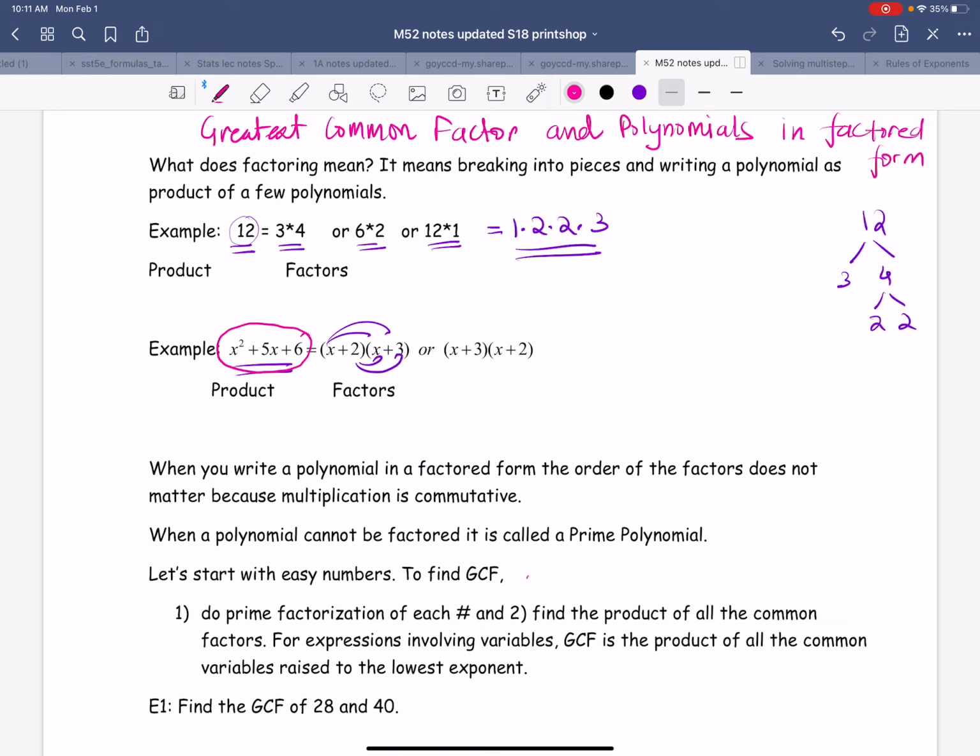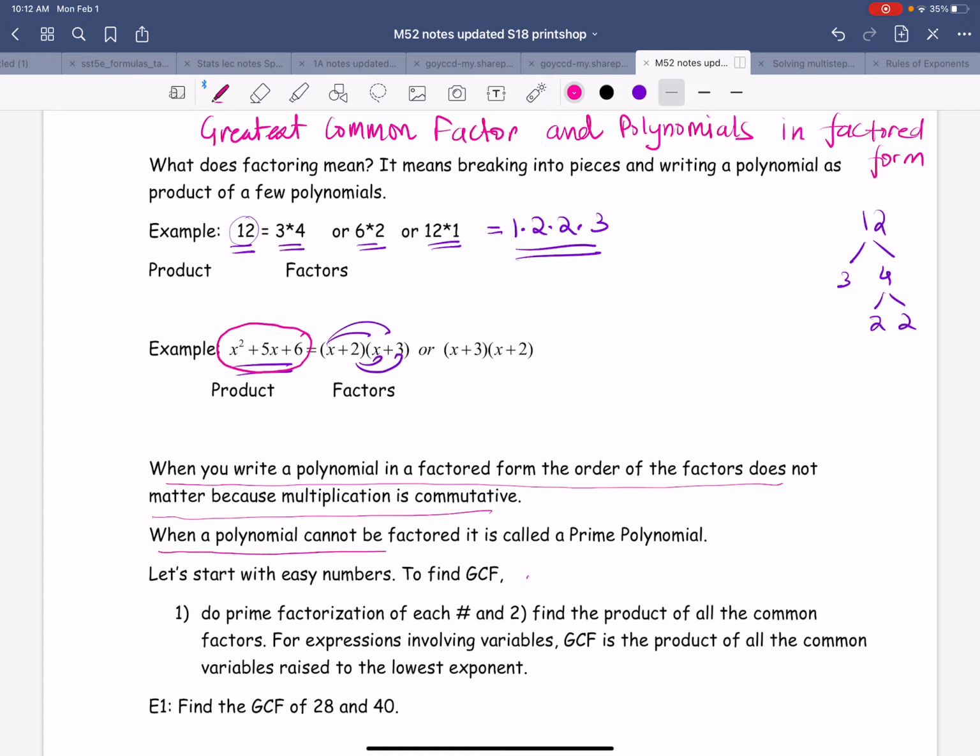When you write a polynomial in the factored form, the order of factors does not matter because multiplication is commutative. So for 12, if you break it into 3 times 4 or 4 times 3, those are both the factors of 12. Multiplication is commutative, so it doesn't really matter which one you write first.